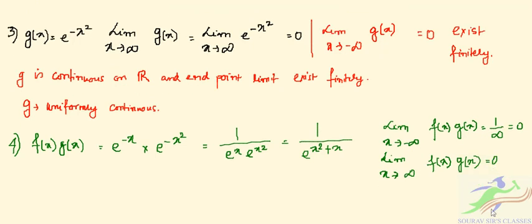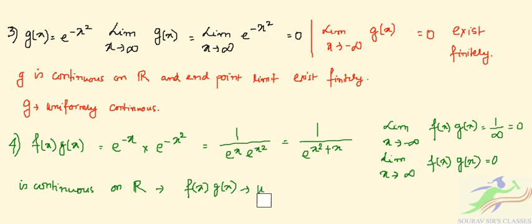So we can say f(x)g(x) is continuous on R, and so we can rightly say that f(x)g(x) is uniformly continuous on the real space R. So option 4 is also correct.